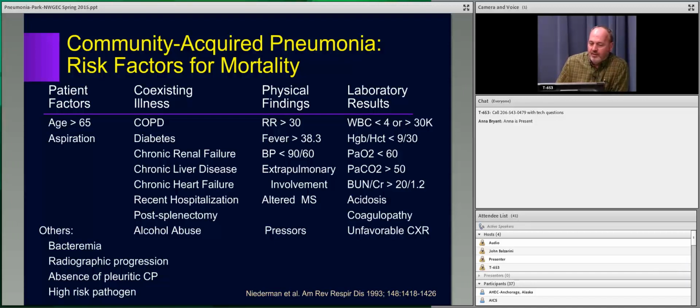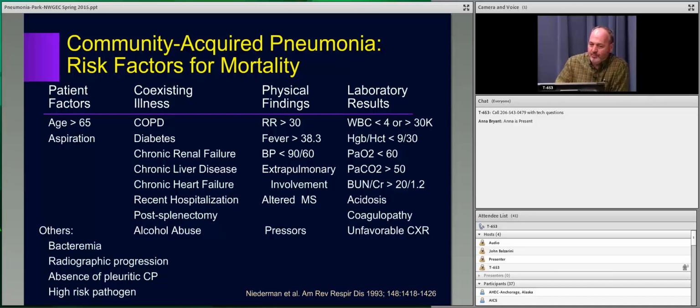This is kind of a clumsy table showing all the risk factors for mortality in patients with pneumonia. And you can see right off the bat, age greater than 65 is a huge mortality risk factor. There are other patient factors.